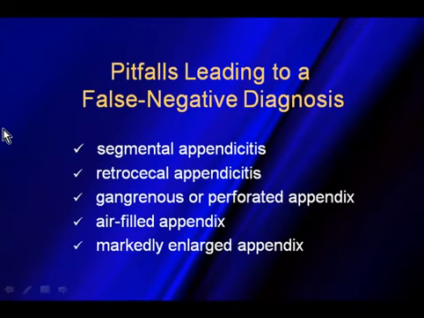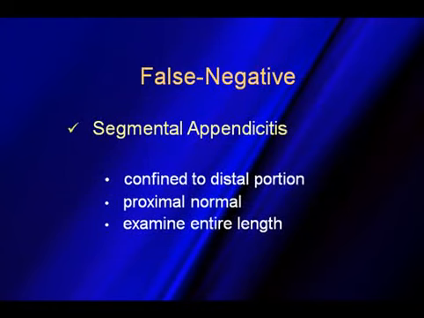What are some pitfalls that can lead to a diagnosis of false negative? Segmental appendicitis is one of them, having a patient with retrocecal appendix. If you have a gangrenous or a perforated appendix and you assume that it's normal, air within the appendix, you mistake it, and also a markedly enlarged appendix. So the first thing, looking at segmental appendicitis.